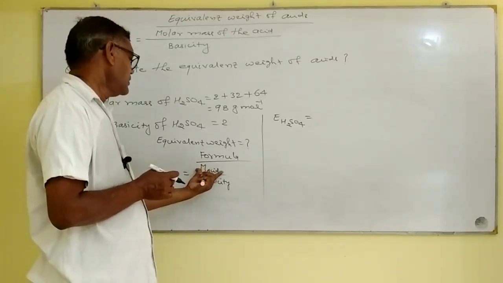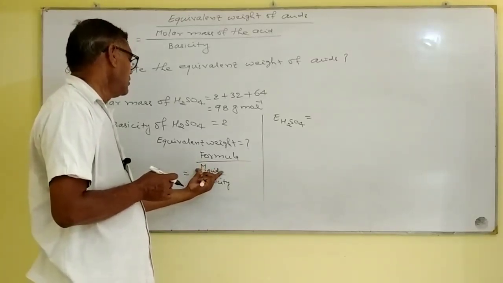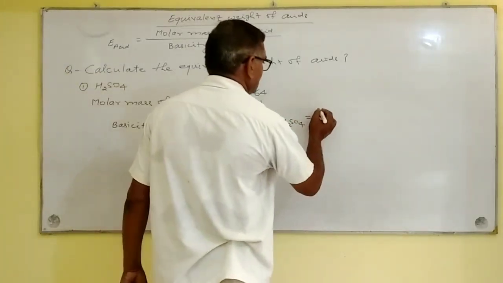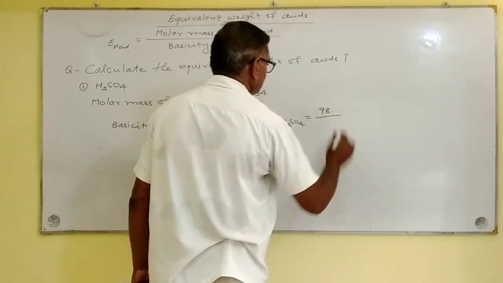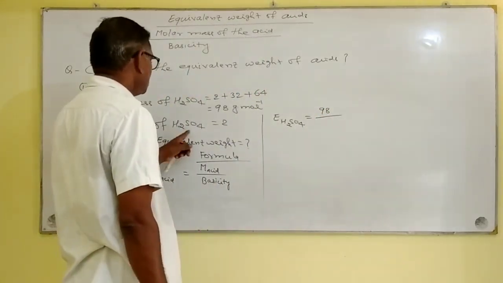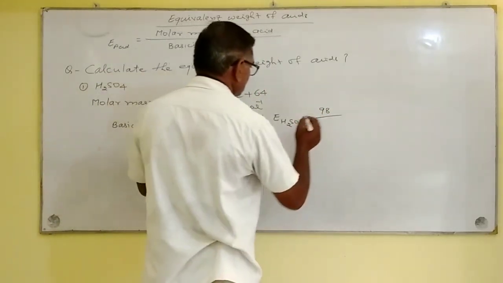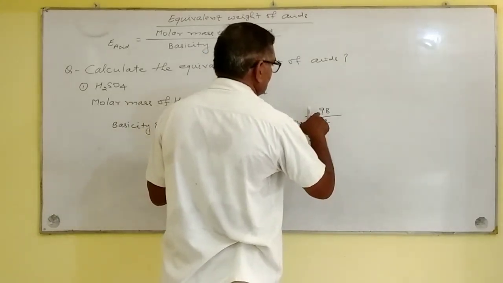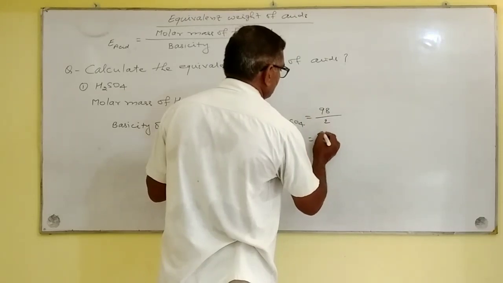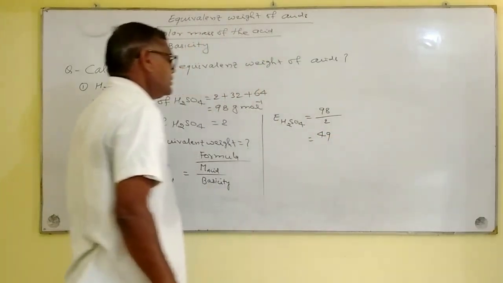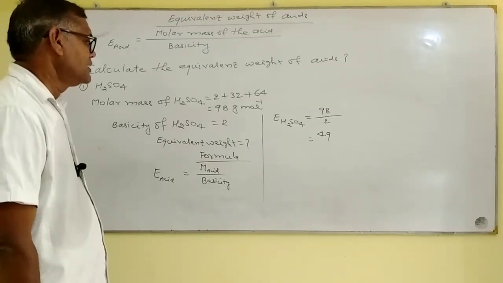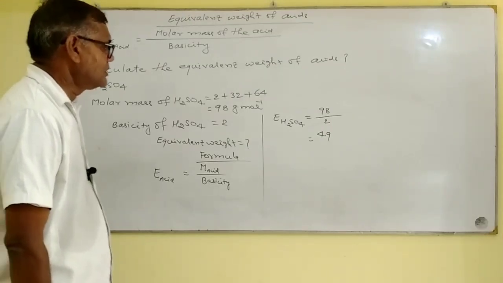Here we write value of molar mass of H2SO4. It is 98. Basicity of H2SO4 is 2. We divide 98 by 2, we get 49. Therefore, equivalent weight of H2SO4 is 49.